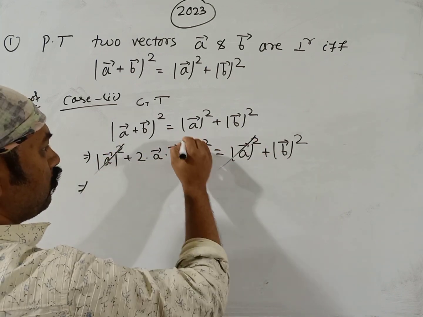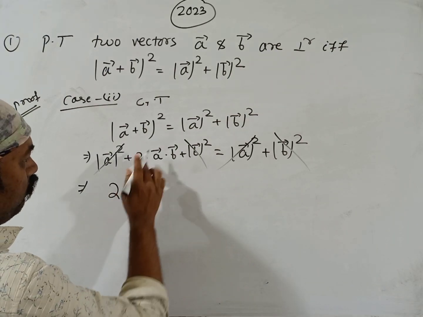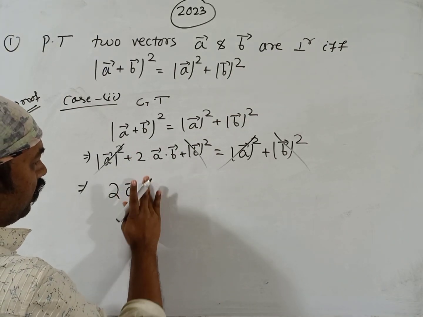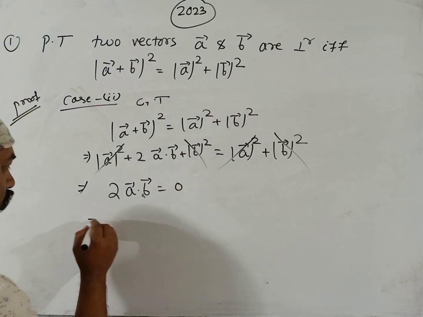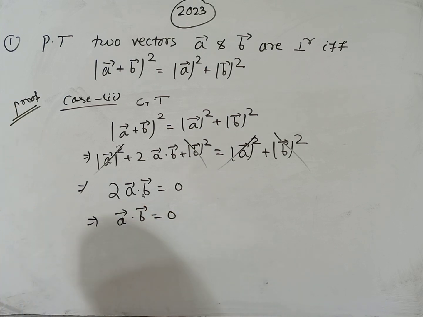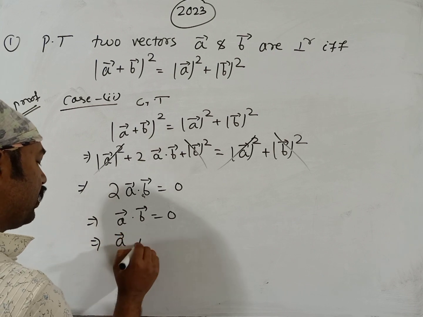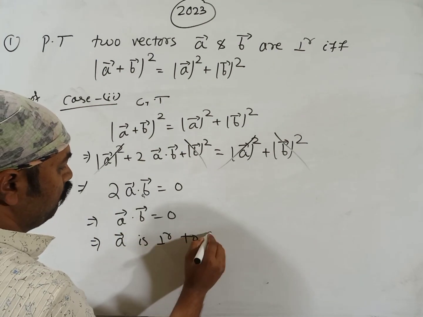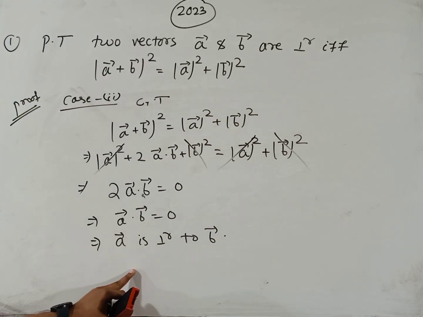By cancelling the common parts from both sides, we have 2 into A vector dot B vector is equal to 0. So A vector dot B vector is equal to 0. That implies A vector is perpendicular to B vector. And here it is the proof of the case number 2.